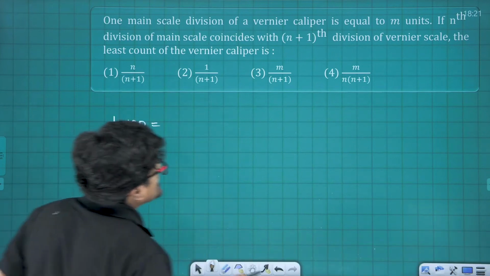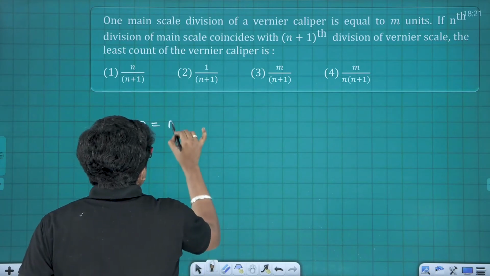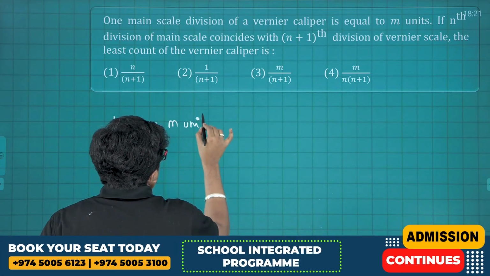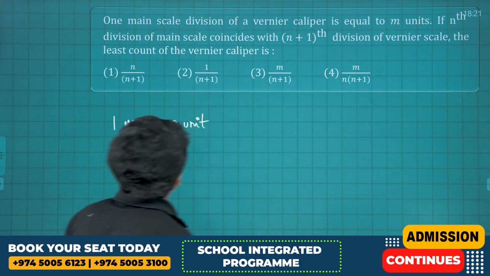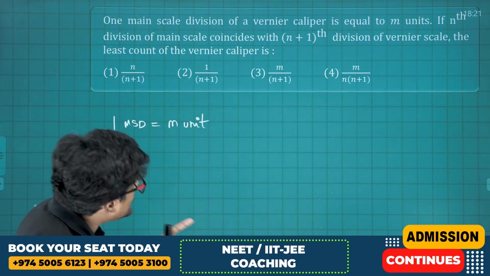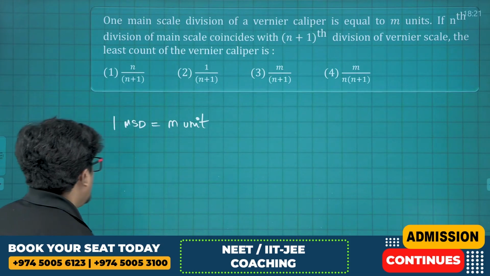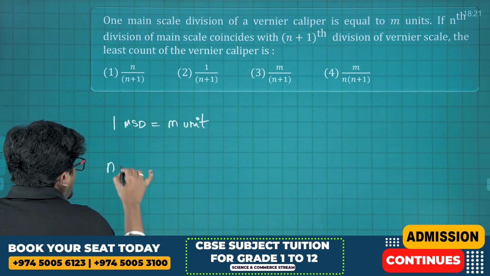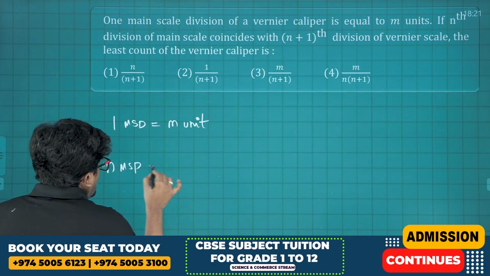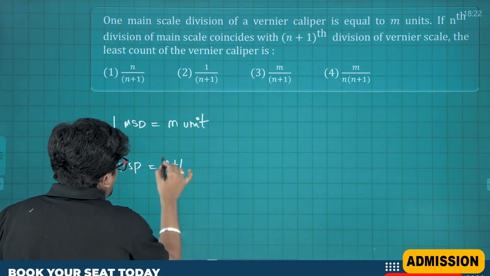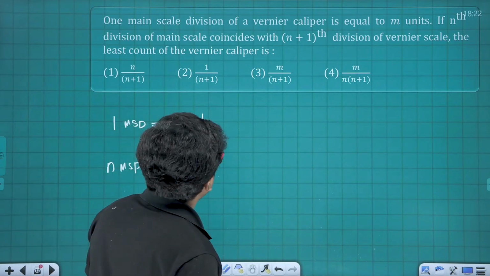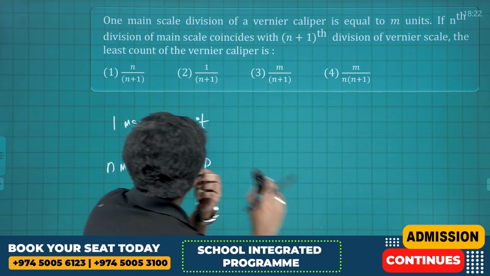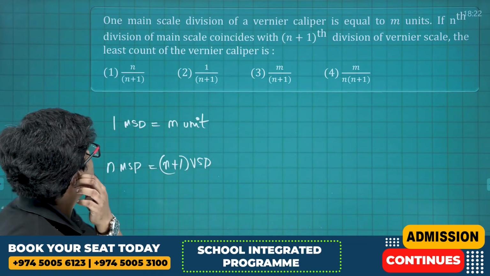Then if the nth division of the main scale coincides with the n plus 1 division on the Vernier scale, that means n main scale divisions are equal to n plus 1 Vernier scale divisions, isn't it? Fine. N MSD is equal to n plus 1 VSD.